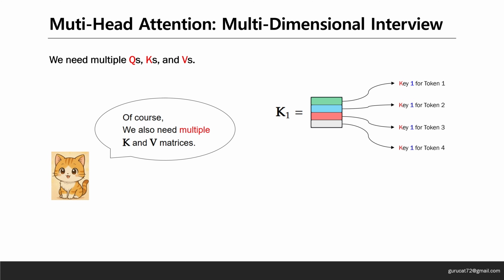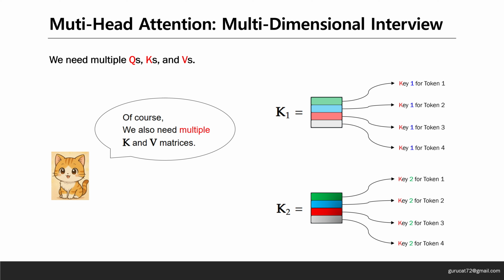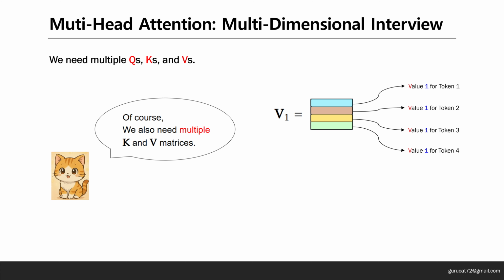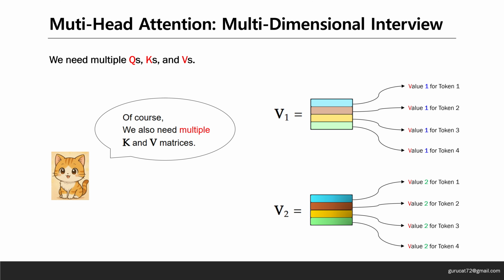Questions alone aren't enough, are they? Each new question needs its own set of keys as well. Different keys reveal different aspects of what a token can offer. And of course, we need multiple sets of value matrices. Each value matrix carries a different type of information, so the model can blend insights from several perspectives.